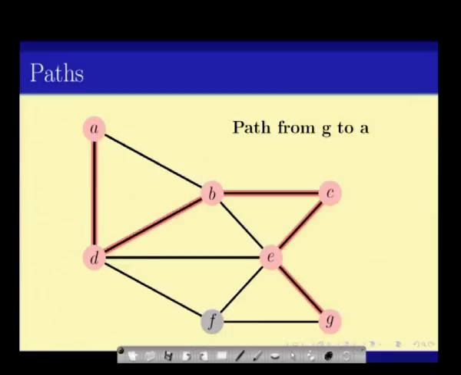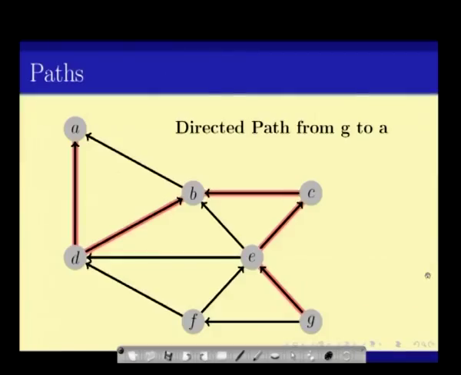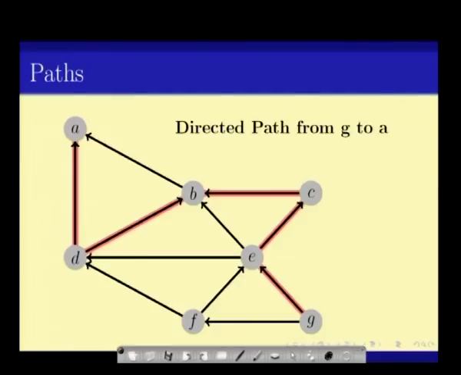So, we say that there is a path from G to A if we mean something like this. Now, when the edges are not undirected but directed, for example, in this case I have put directions on these edges, things become a bit more interesting. It is like a one way road: you can go on this road, but you cannot come back. For example, from G to E you can go, no problem. From E to C you can go because it is a directed edge.